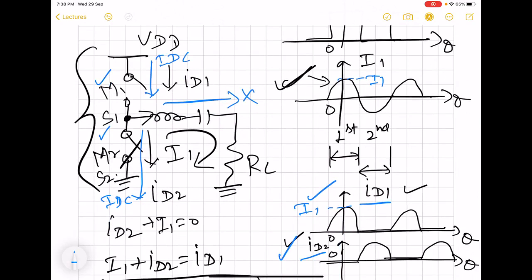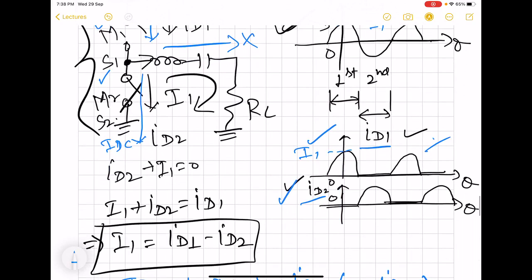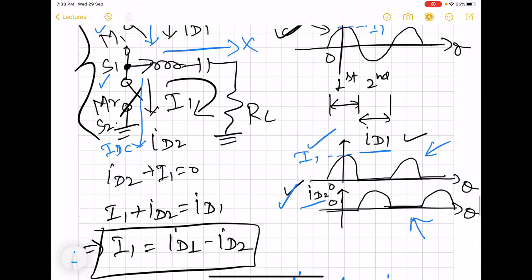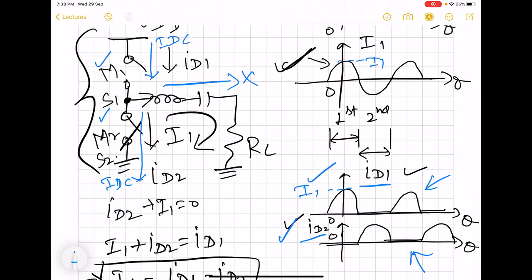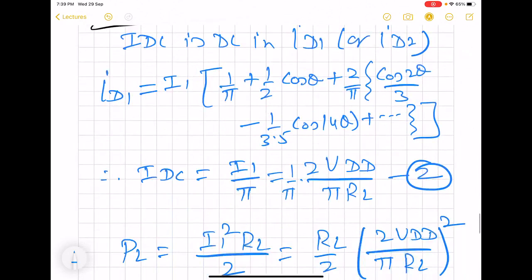But here there will be one query: what happens to the higher harmonics of ID1 and ID2? Using this interpretation, we found that there will be a pure sinusoid going through the loop, but ID1 and ID2 will each contain many harmonics: DC, the fundamental, and all the even harmonics.